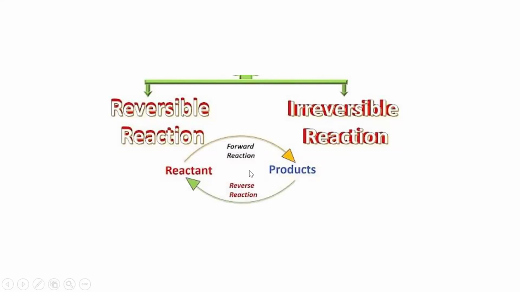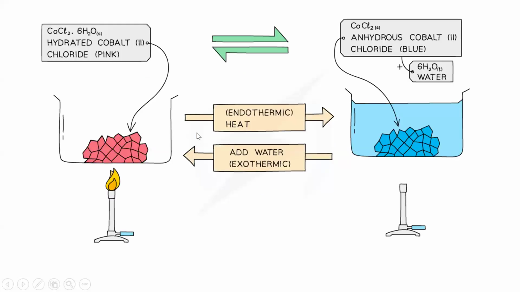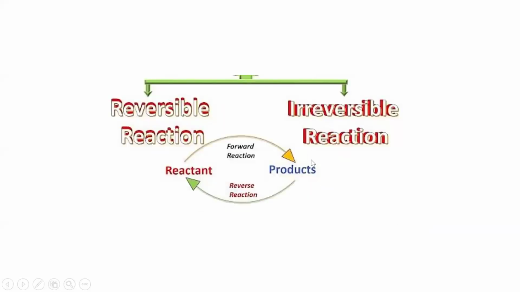Now, I just want you to think, in the past reactions, did it happen at the same time that the hydrated cobalt chloride changed to anhydrous, and at the same time the anhydrous cobalt 2 chloride changed to pink? Or was it one direction?